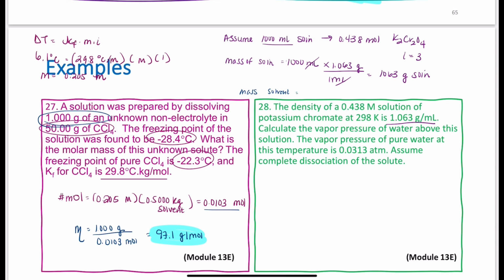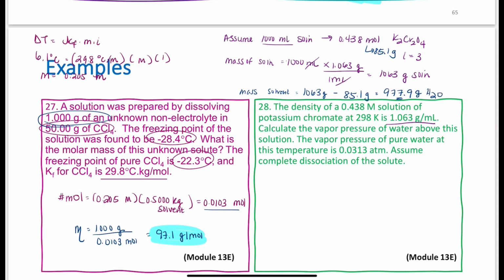Mass of solvent is 1063 grams minus the mass of my solute. If I convert these moles to grams, I'm going to get 85.1 grams of K2CrO4. So 1063 minus 85.1 grams gives me 977.9 grams of H2O or whatever solvent.